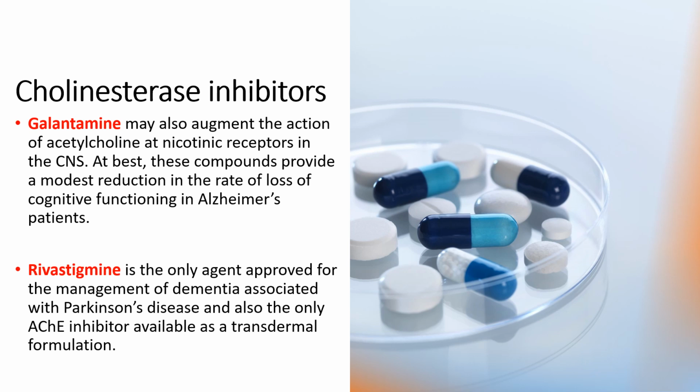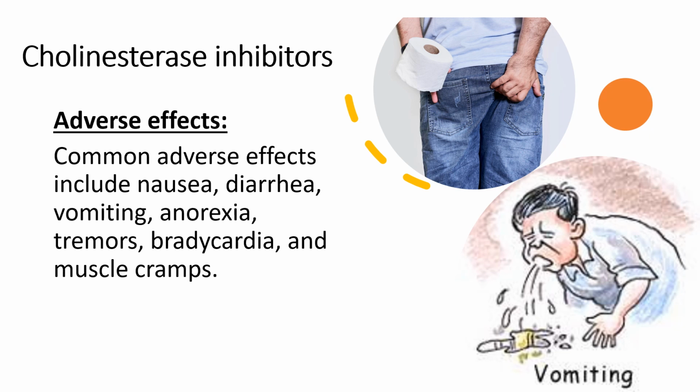Rivastigmine is basically the only agent that is approved for the management of dementia associated with Parkinson's disease, and it is also the only drug that is available as transdermal formulation. So these drugs also have a lot of adverse effects due to their cholinergic functions that include nausea, diarrhea, vomiting, anorexia, tremors, bradycardia, and muscle cramps.